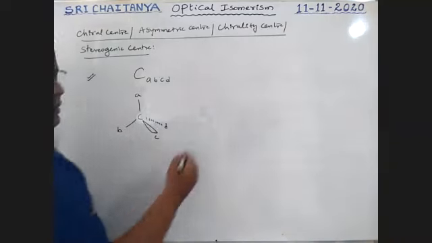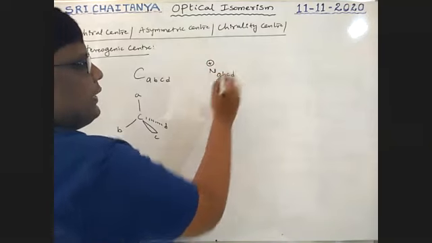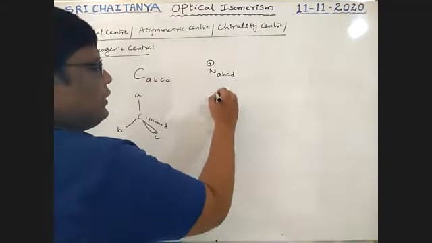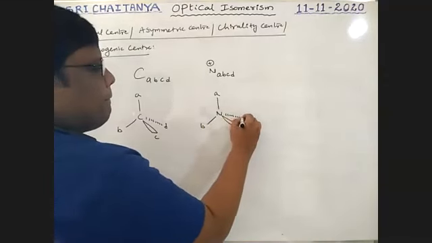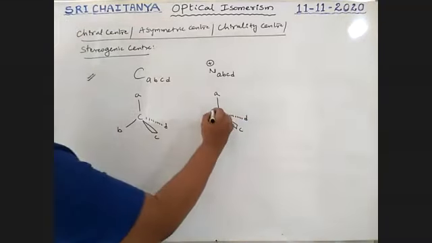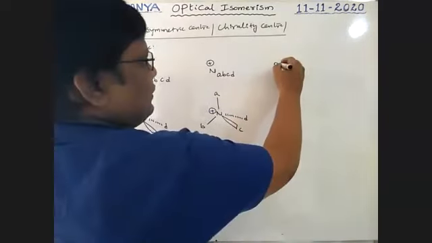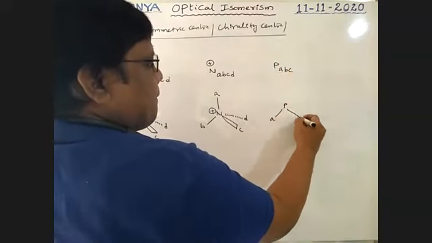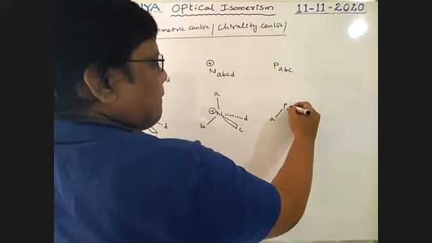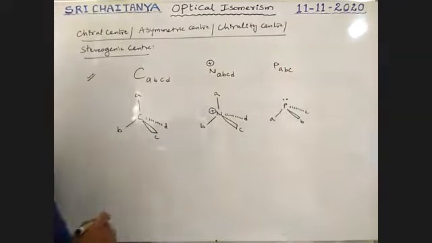For example, N plus ion with A, B, C, D. That means the central atom with A, B, C, D. This nitrogen is in positive state, boys. Next, phosphorus with A, B, C. Phosphorus has a lone pair, boys.